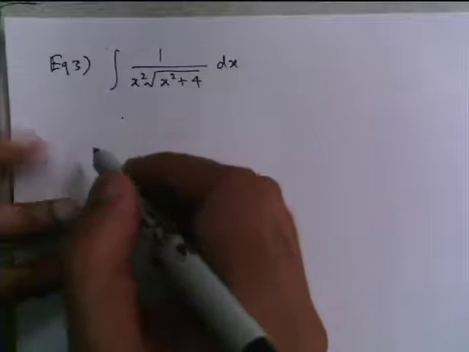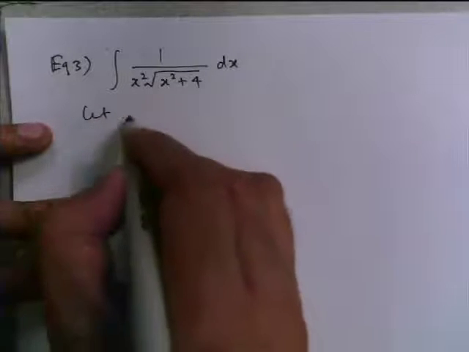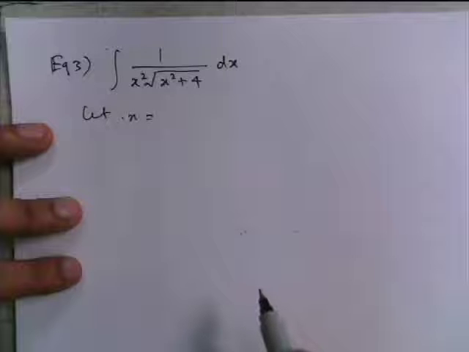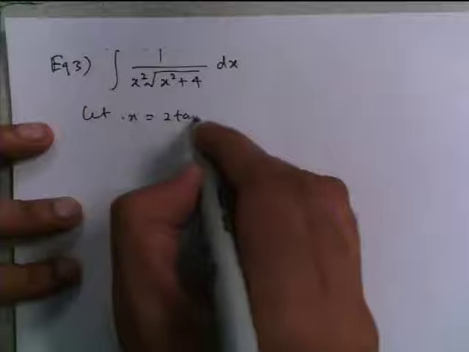You're going to let x equal. You know that 4 equal what? Yeah, because 4 is 2 squared. Since 4 is 2 squared, we pick x equal to 2 tan theta now.